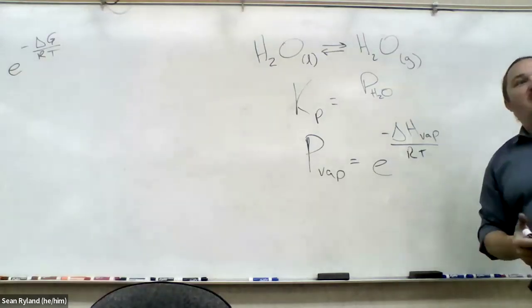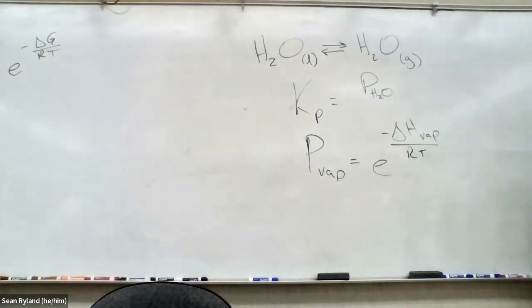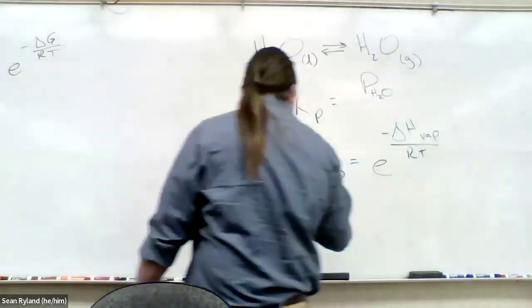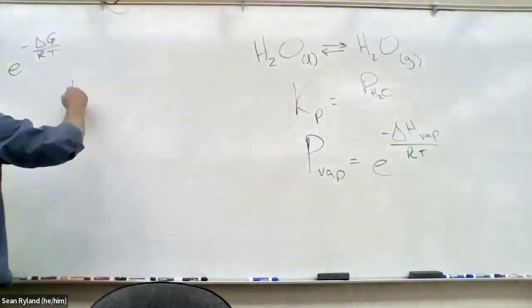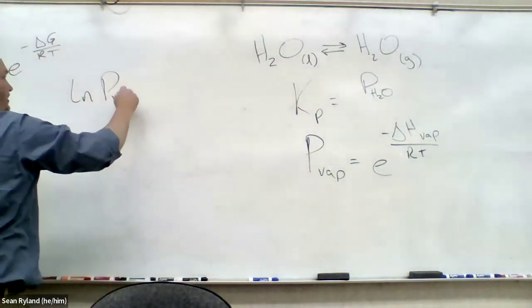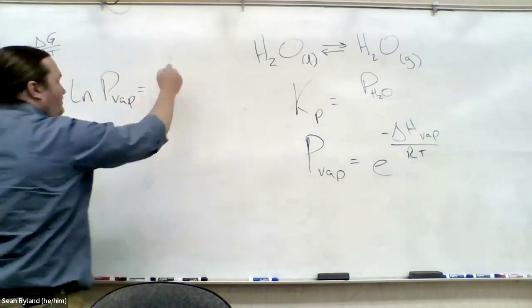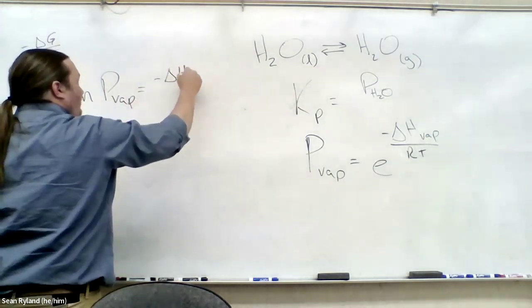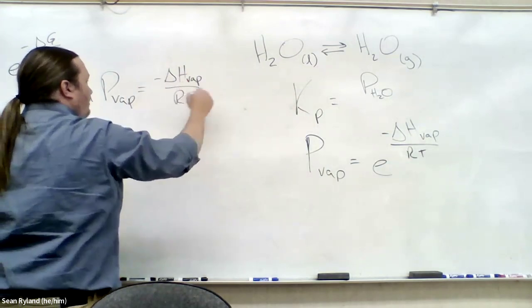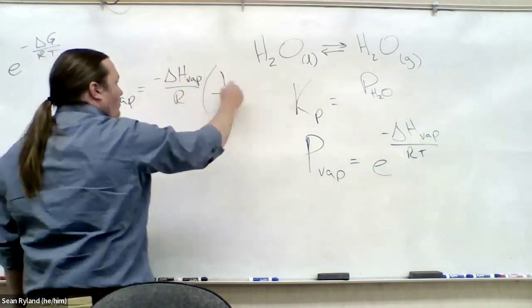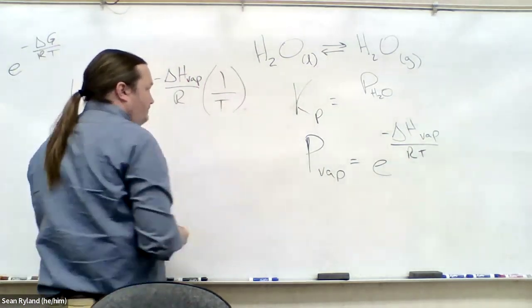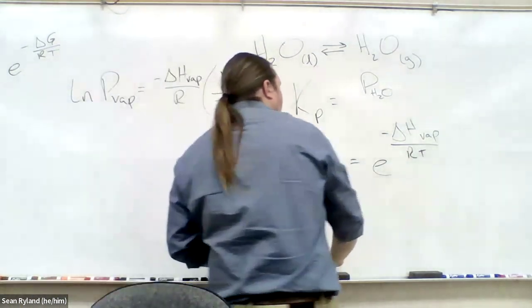We rearrange that. This was the example that I used the other day of how we can take a weird looking function and turn it linear, right? We take the natural log of both sides and rearrange it a little bit. We get natural log of vapor pressure is equal to minus enthalpy of vaporization over R times 1 over temperature plus a constant.